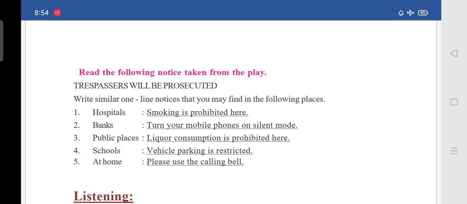Please use the calling bell. Fifth one, what type of notice can we see near home? Yes, it is, please use the calling bell. So these are the different types of one line notices generally we can see in these places.